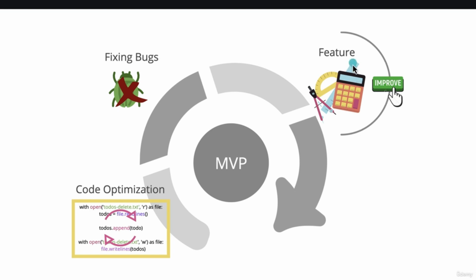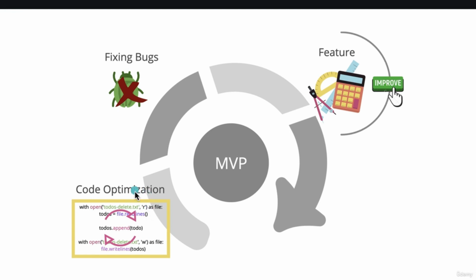So in our case, we may go back to the edit feature and improve it, and then we might think of some other code optimization. As we improved this thing, perhaps we found out that some part of the code is not so optimized, so we write that activity down and we do it in the next opportunity we get.